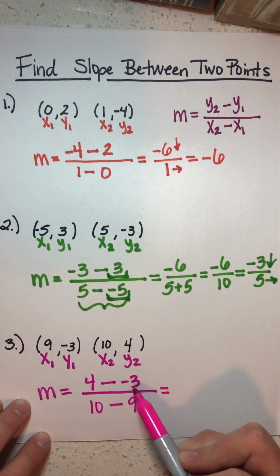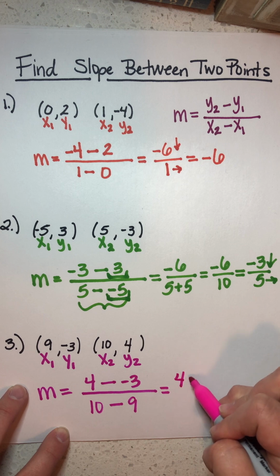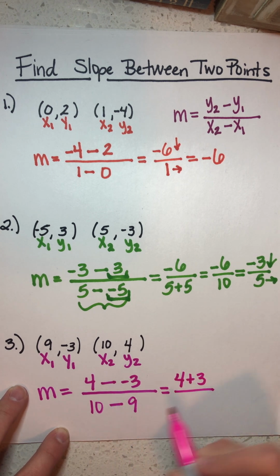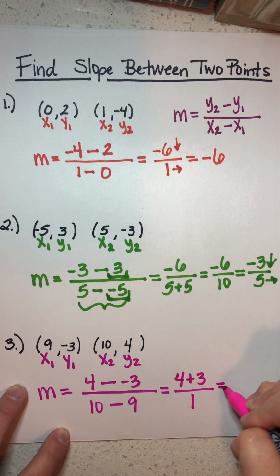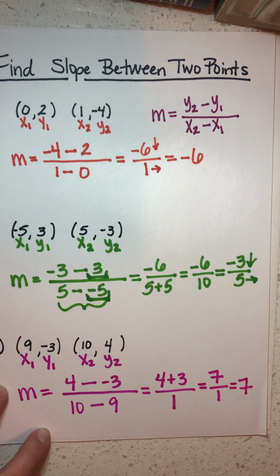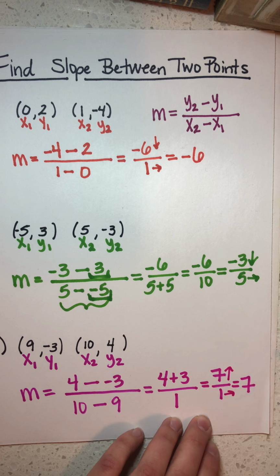In this problem, our double negative happens up in the numerator. A negative and a negative make a positive, so this is really 4 plus 3. And then 10 minus 9 gives you 1. So 4 plus 3 is 7 over 1, which just equals 7. This means this slope is going up 7, right 1.